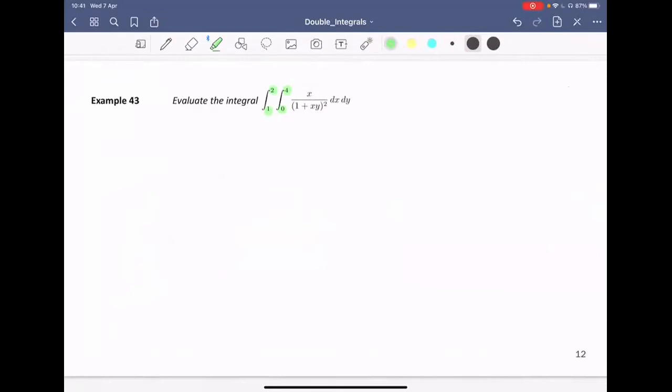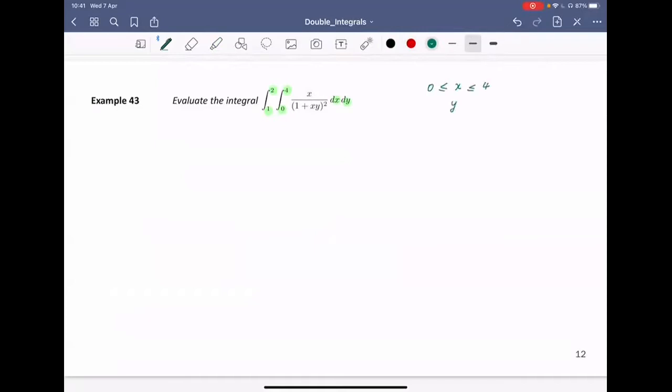So, well, I want you to just stay with me and do this thing together. All right, so example 43. Okay, I have that function x over 1 plus xy squared dx dy. So here, when you read the question, you imagine in your head that you have x between 0 and 4.